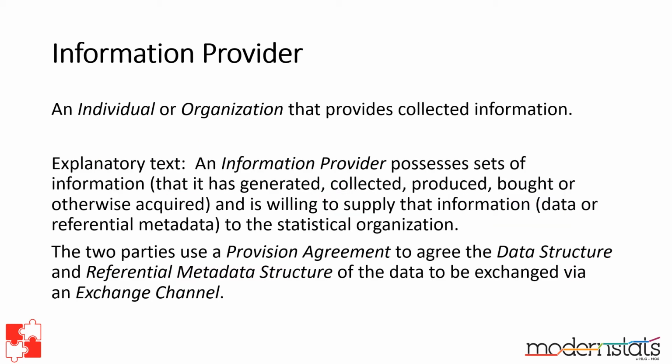An information provider is an individual or organization that provides information that they have collected. For explanatory text, an information provider possesses sets of information that it has generated, collected, produced, bought, or otherwise acquired, and is willing to supply that information, both data and referential metadata, to the statistical organization.